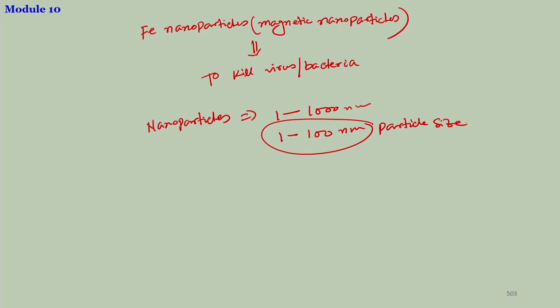Nanoclusters have a larger size than 100 nanometer, but they fall within 1000 nanometer, maybe 300, 400 nanometer sometimes. So, what you are actually doing here is using certain components, a chemical, for example, metal based compounds, and you are reducing the size of the metal.